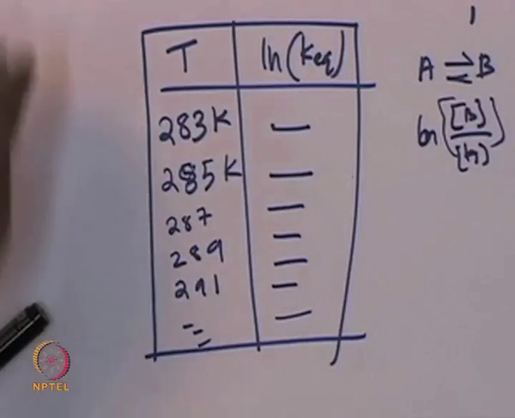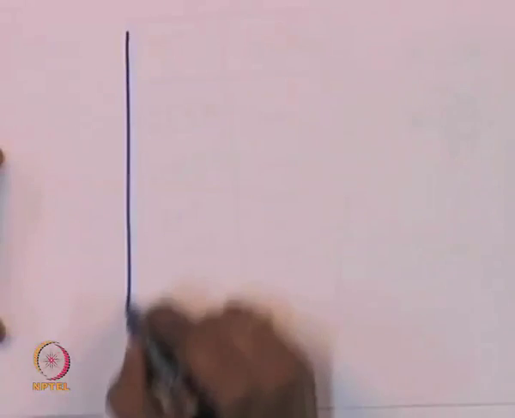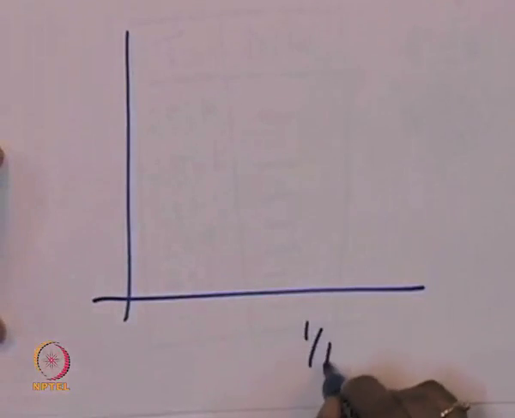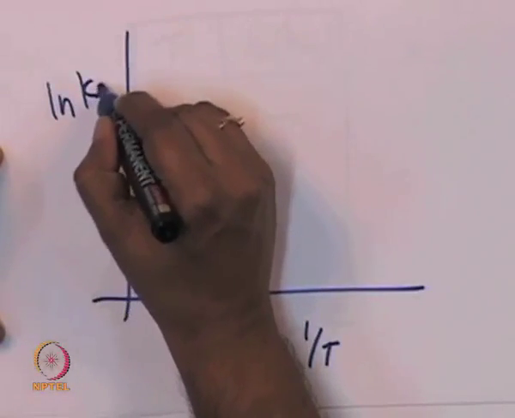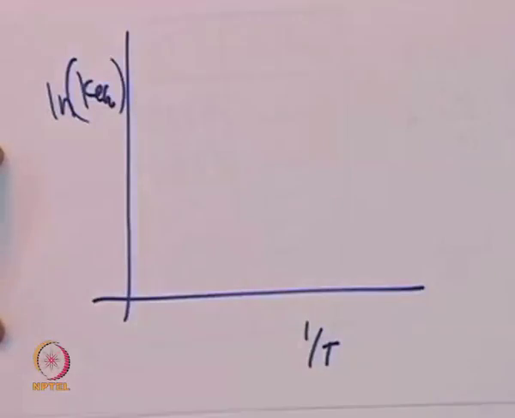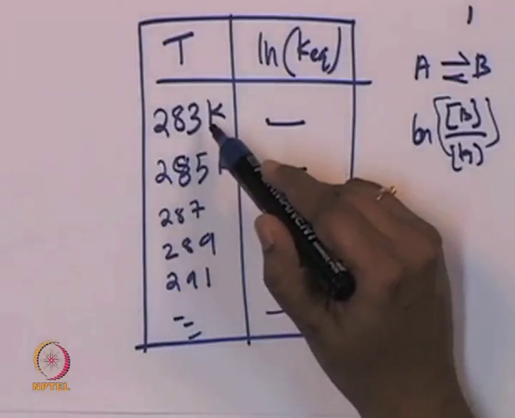The graph is, let us say, 1 over temperature versus ln k equilibrium. Let us see what this graph gives us. As we know the T here, 283 is the first temperature we did.